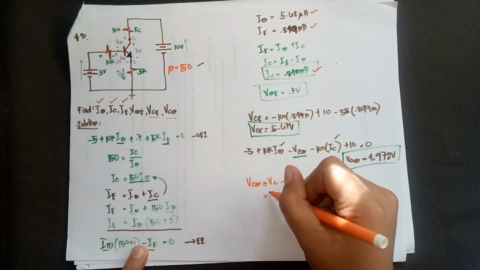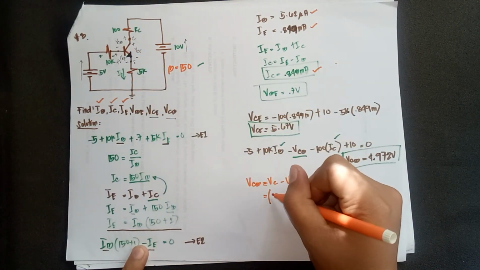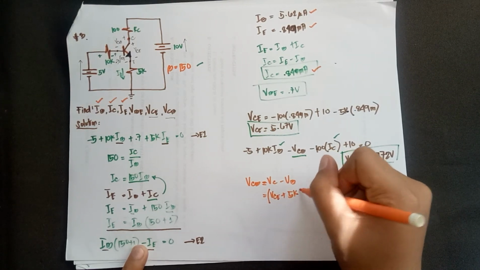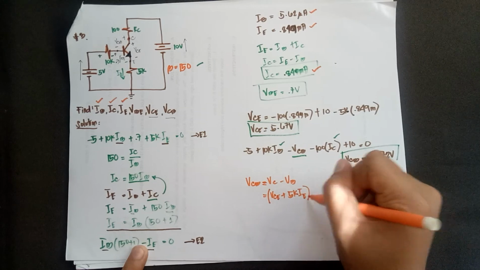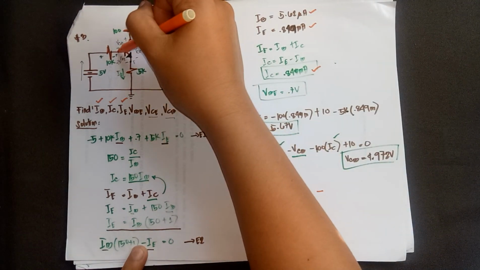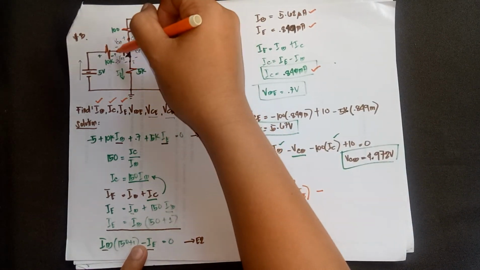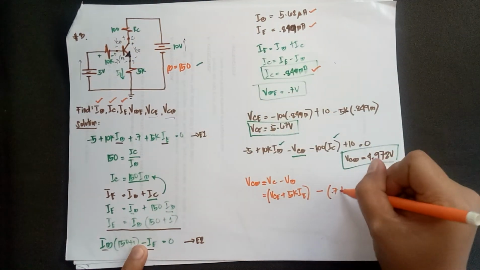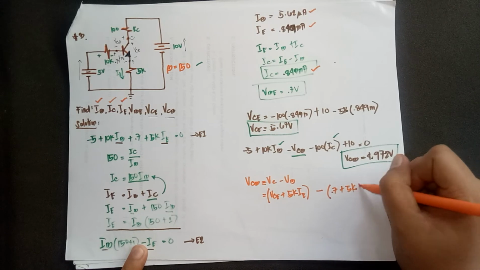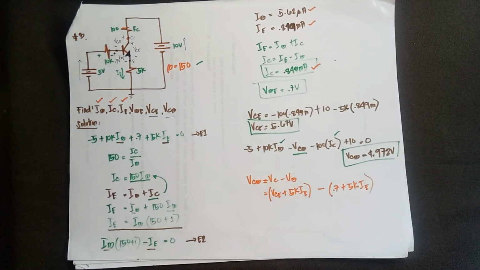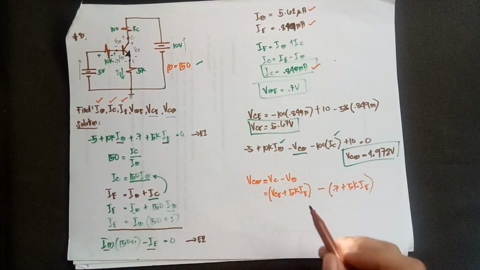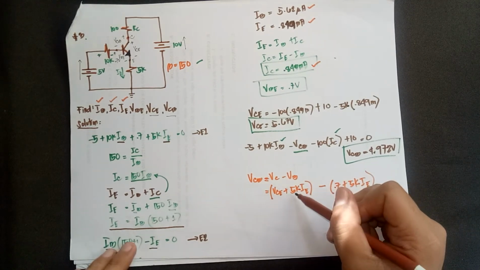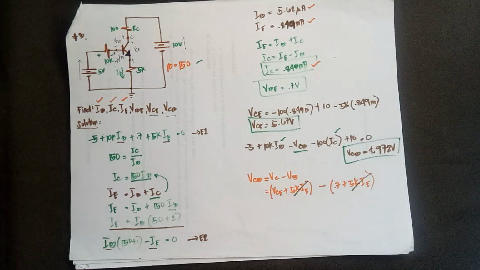So, meron tayong VCE plus 5k IE minus yung VB natin is from here pababa, that would be 0.7 plus 5k IE. Now, if you notice, this is positive, ito madidistribute doon, magiging negative, so mawawala to, magiging 0 siya.